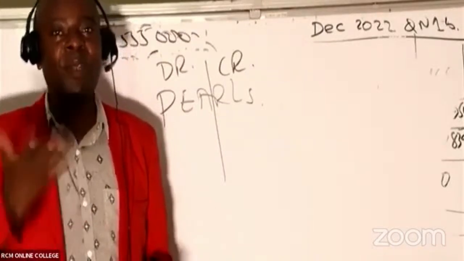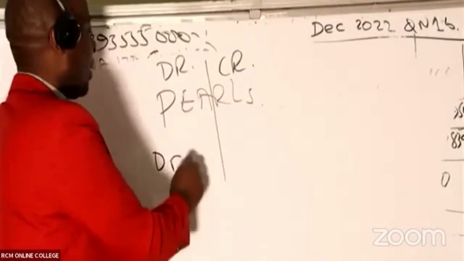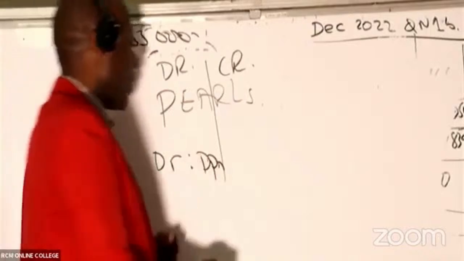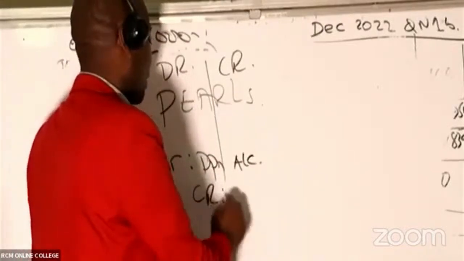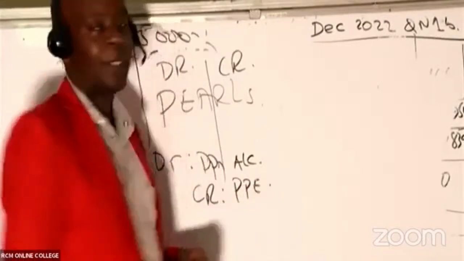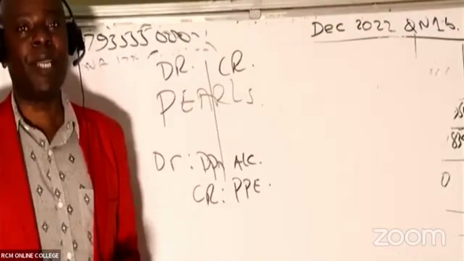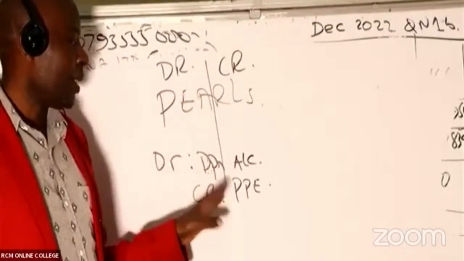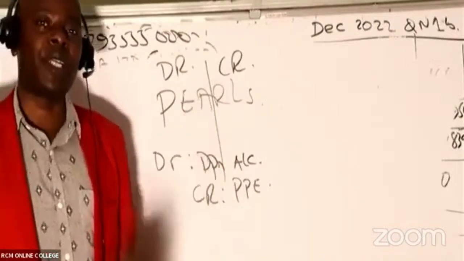Or if I'm handling them for individual assets, I'll debit depreciation. I'll open an expense account called depreciation, a ledger called depreciation, and then I credit the specific property, plant, and equipment, the specific item. If it's a motor vehicle, I credit it like that, because expenses are debited, and the asset is going down because of depreciation, so we credit it.